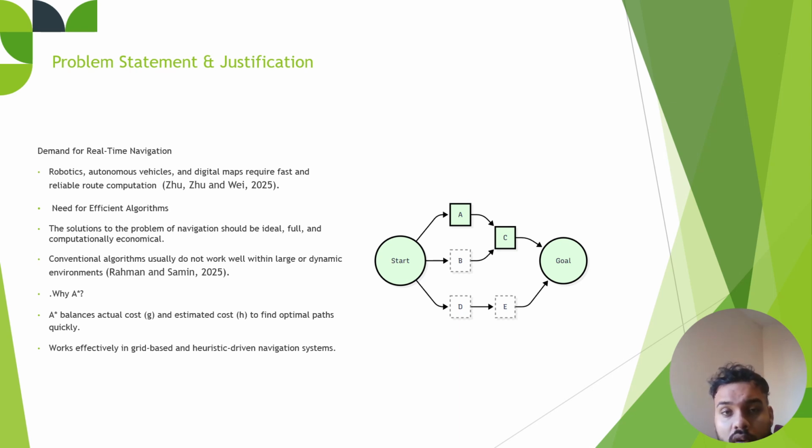This brings us to A*, an algorithm that strikes an elegant balance by combining the actual cost of reaching a node, the g value, with the estimate to the goal, so that it is both optimal and efficient, particularly in grid-based and graph-driven navigation, which are exactly the environments we see in modern applications.